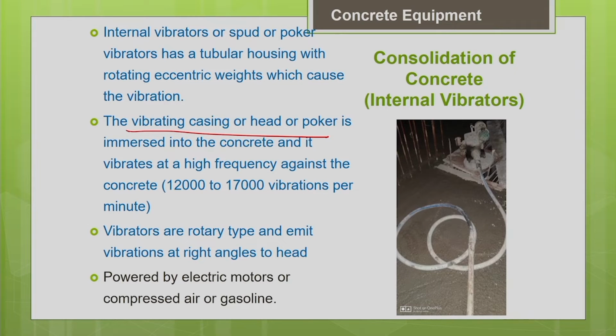How the vibration is produced: as I told you earlier for the pile vibrator, here also the mechanism is similar. You have rotating eccentric weights inside the tubular casing or head. The forces produced by these rotating weights result in the vibration.